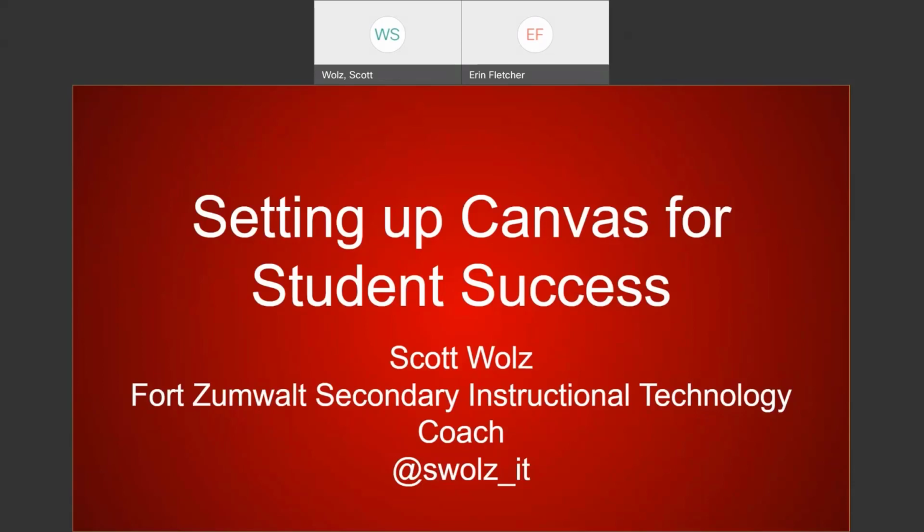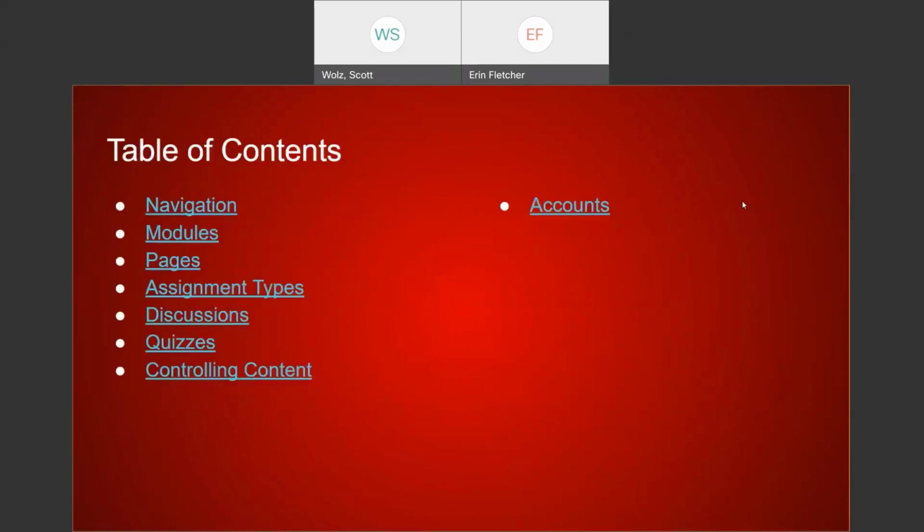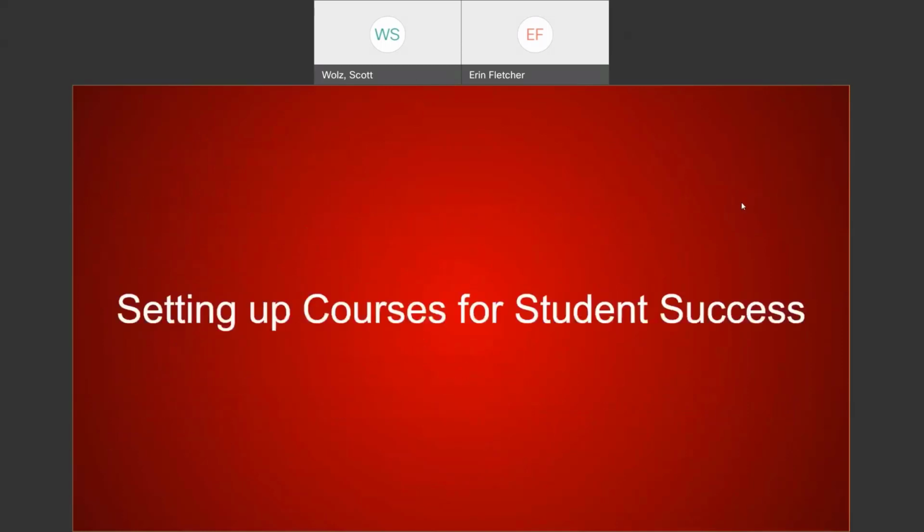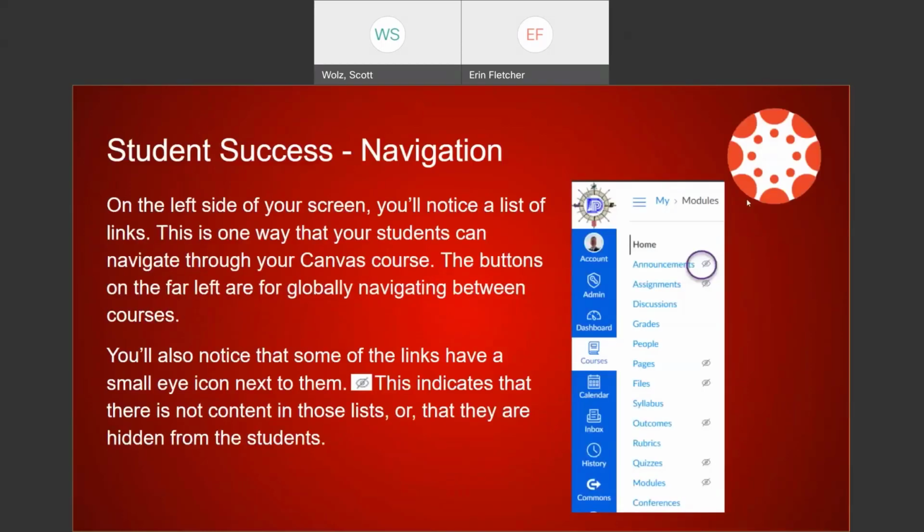Before we talk about cross-listing and all those sorts of things, one of the biggest issues that we had last year was navigation. Everyone's home course looked different, and this is unique to Fort Zumwalt. The things that I'm talking about here are something that we've done on the backside, how you can use it in your classroom, and what you can do about it if you don't like it.